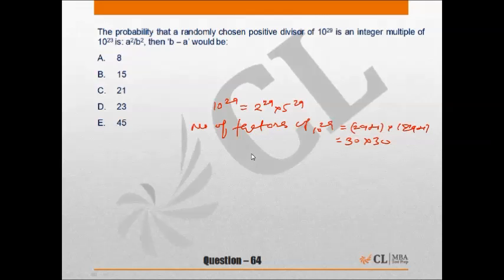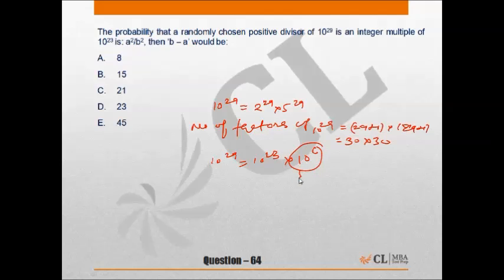Now we have to find the number of factors of 10 raised to power 29 that are multiple of 10 raised to power 23. So 10 raised to power 29 can be written as 10 raised to power 23 into 10 raised to power 6. So all the factors of 10 raised to power 6 will give those factors of 10 raised to power 29 that are multiple of 10 raised to power 23.